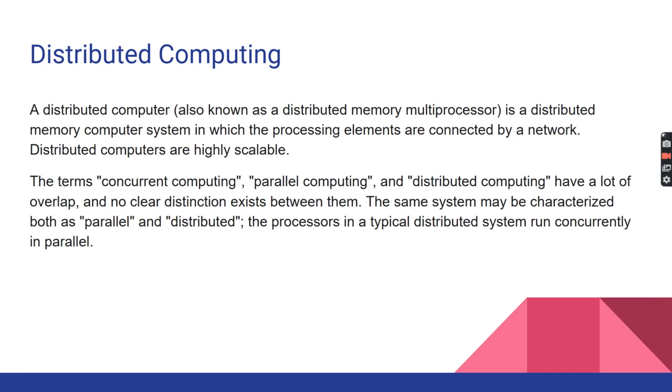So these same systems may be characterized both as parallel and distributed. Since there's no clear definition, they're considered both parallel and distributed. The processors in a typical distributed system can run concurrently in parallel.